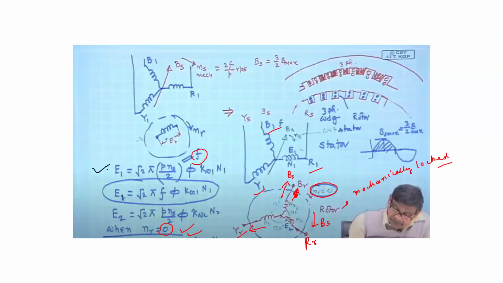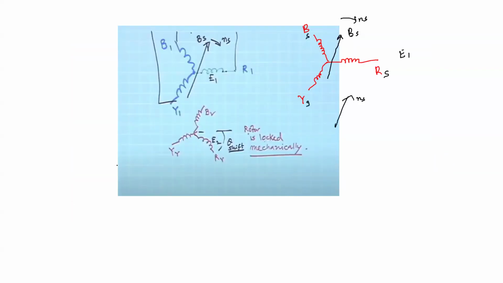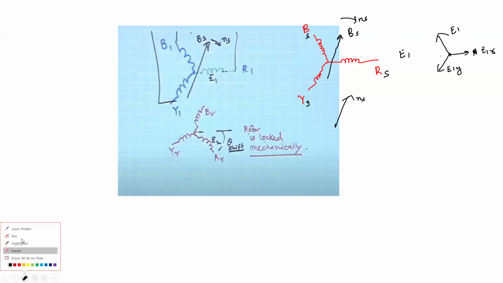Sir has also written down the E1 expression. Now this E1 will be what? It will be three phase voltages. So three phase voltages will be like this: E1 R, E1 Y, E1 B. Okay, like this.